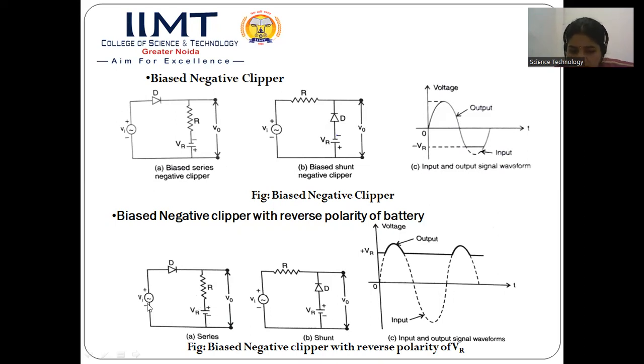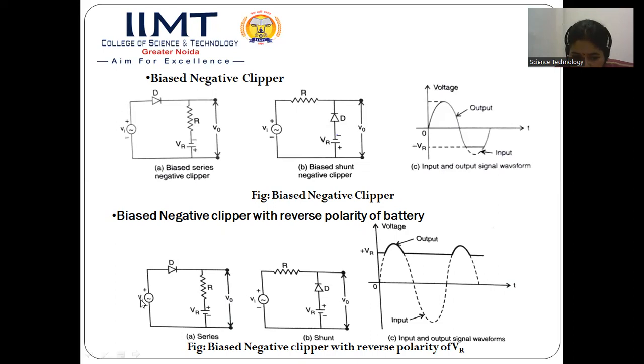So as long as the value of Vi is lesser than VR, this diode will be reverse bias. If it is reverse bias, then all the voltage drop will be across this diode D, and there will be no voltage drop across this resistance R. So that is why we will not get any output. Starting here from 0 to VR, we are not getting any output.